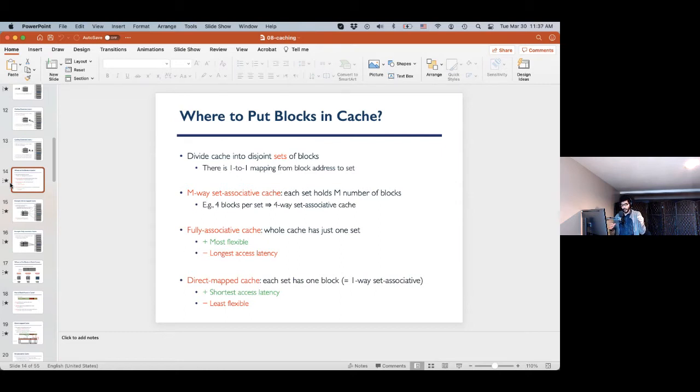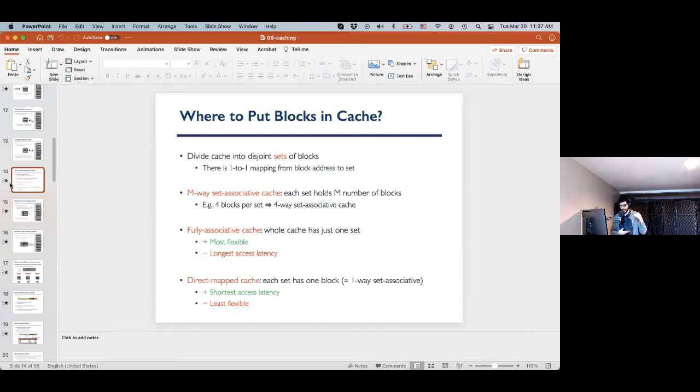Now, once we have the sets in the cache, I can actually answer those three questions that we had: where to find my data in cache, where should I cache my data, and which data block should be evicted if there is no space.